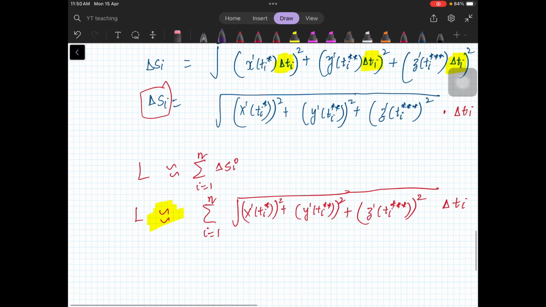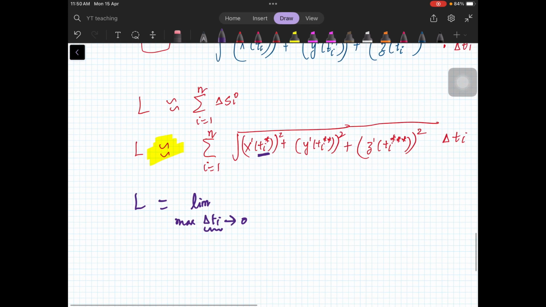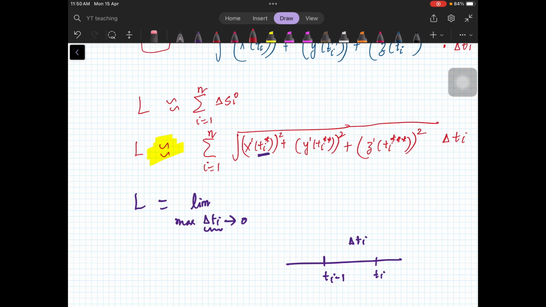So length is equal to the limiting case. What is the limit we are going to apply? That the maximum of delta ti goes to 0, right? So you are doing the partition in such a way that the length of the partition goes to 0. When delta ti goes to 0, what was delta ti? Delta ti was the interval from ti minus 1 to ti. And inside this interval is your ti star, because this was a point between these two points, and this was also a point.